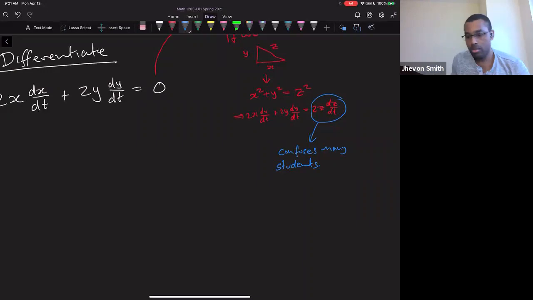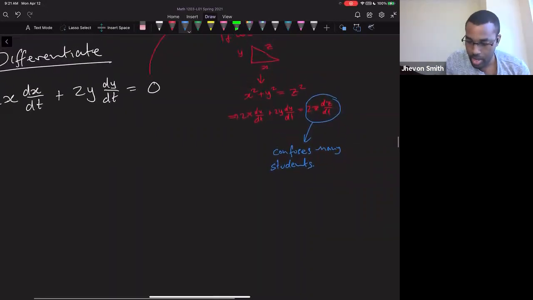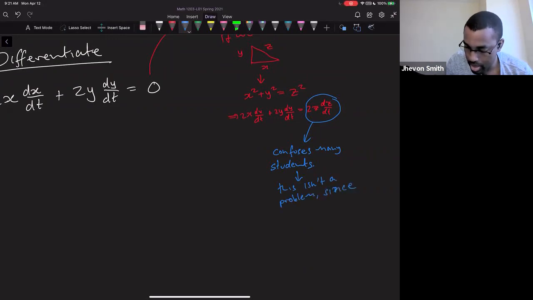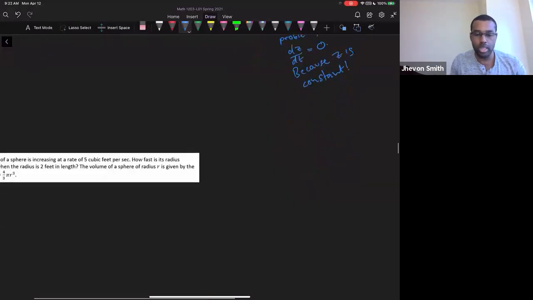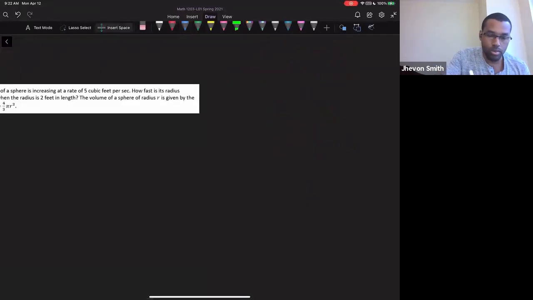Now, of course, this isn't a problem, since dz/dt is 0 because it's not changing. The thing is constant, which means its rate of change is 0.